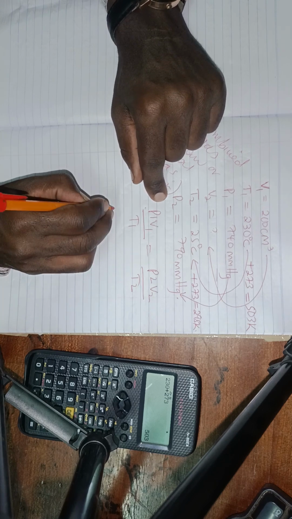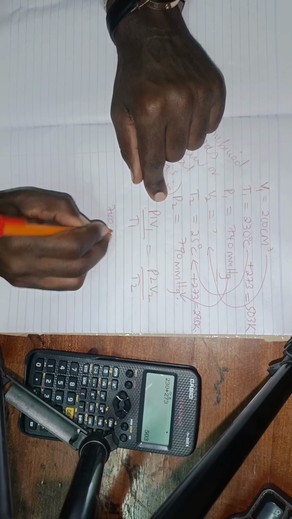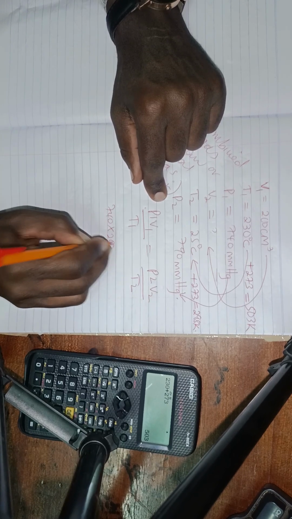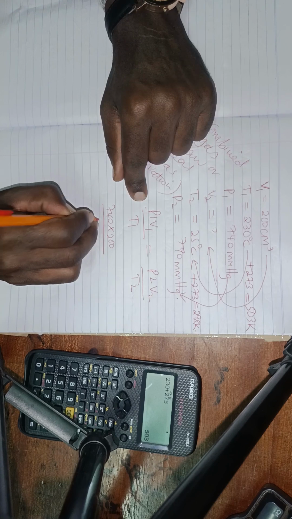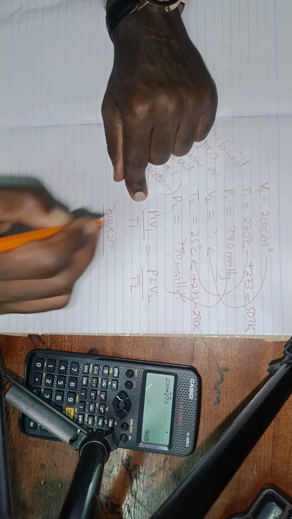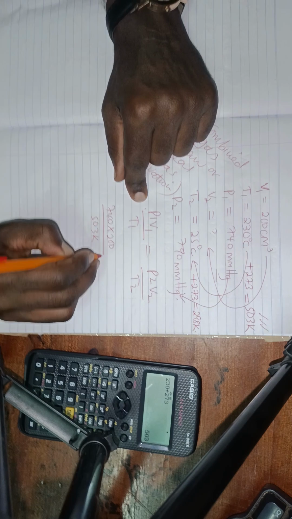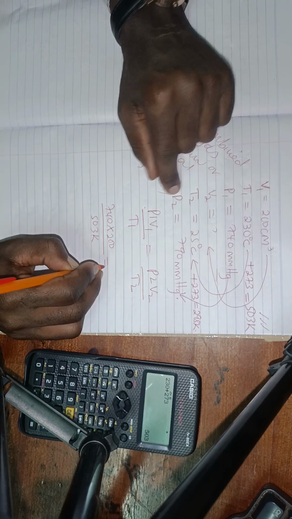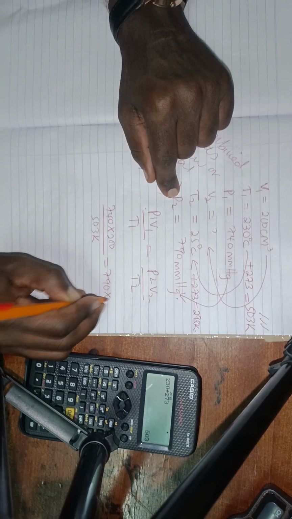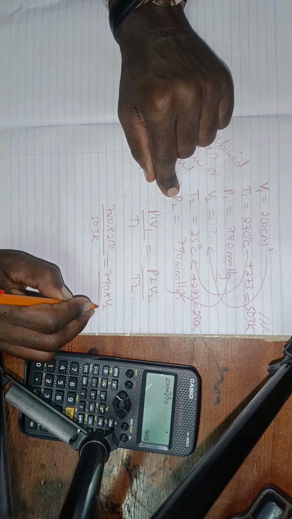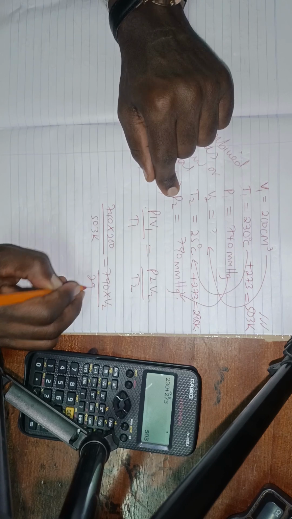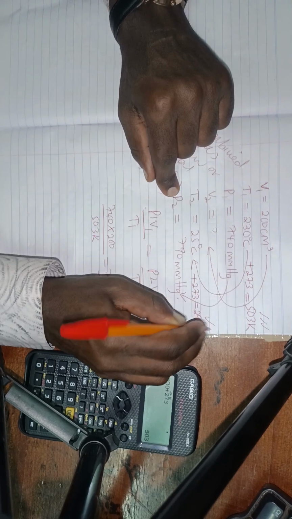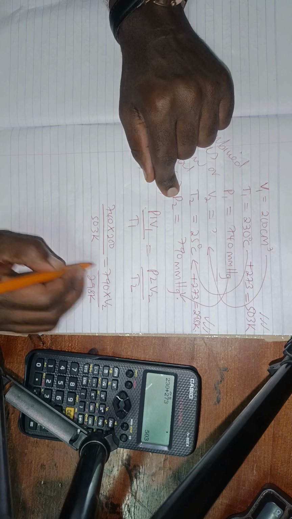So let's say pressure 1 is 740, volume 1 is 200, over temperature 1, given as 503 Kelvin. Now you use the temperature in Kelvin. It will be equal to pressure 2, 790, volume 2 is unknown, then temperature 2 is 298 Kelvin. So we shall just cross multiply.